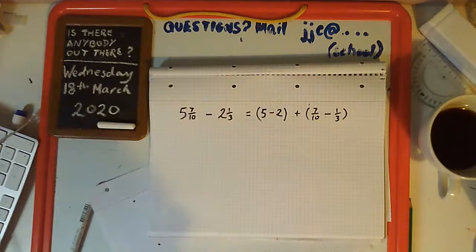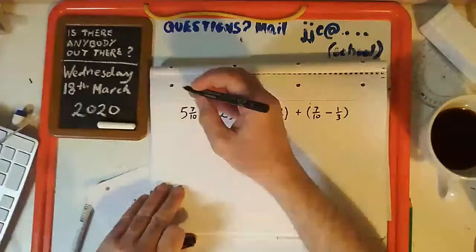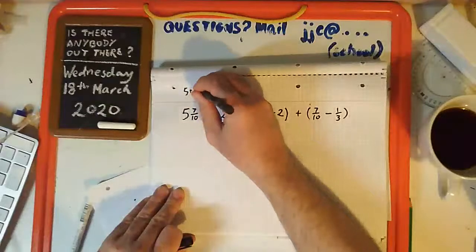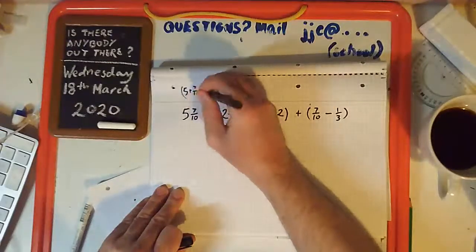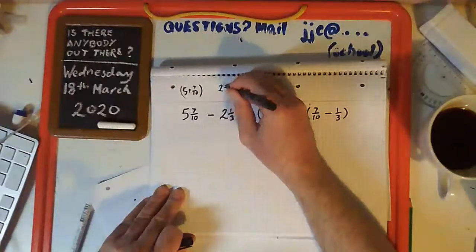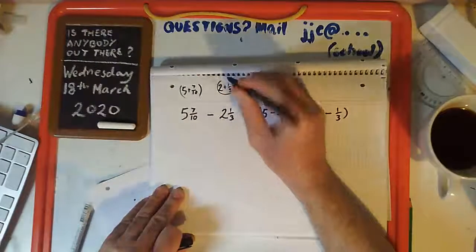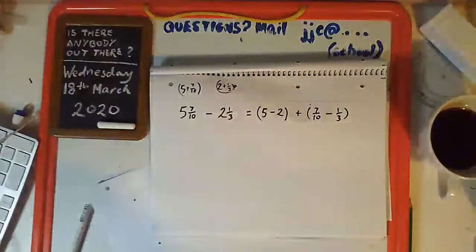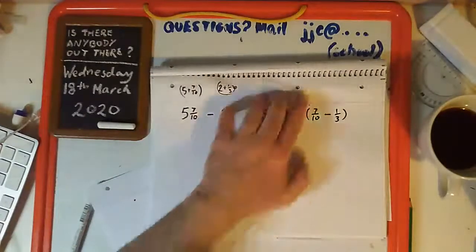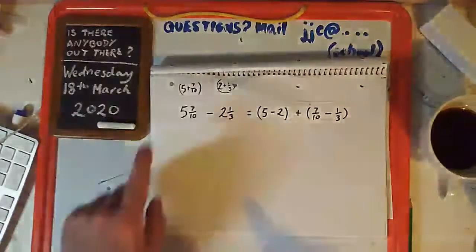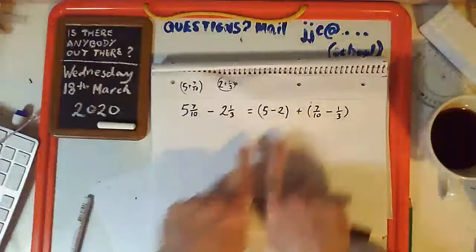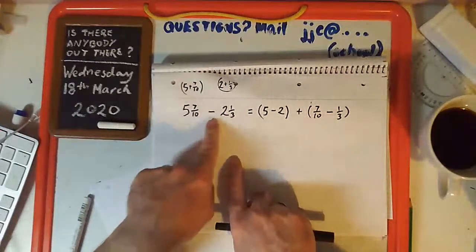Now, sometimes people ask me at this stage, the plus in the original thing, because when you see 5 and 7/10, it means 5 plus 7/10. And when you see 2 and a third, it means 2 plus a third. So there is a plus in there. It's just that it's not written down. So I'm fully justified in writing the plus there and splitting this up as 5 minus 2 together with 7/10 minus a third.